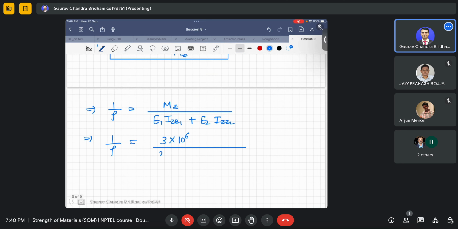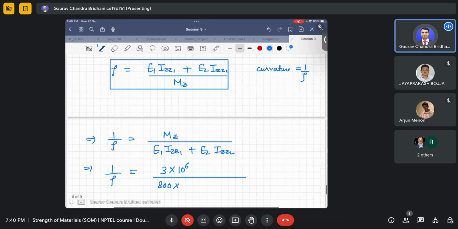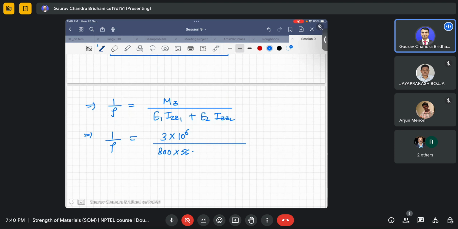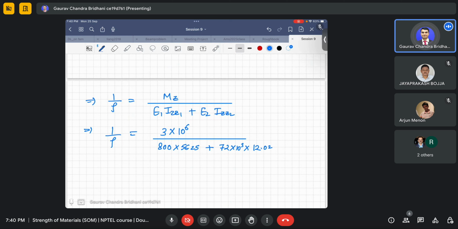E1 is 800 into ZZ1, 56.25 plus this was 72 into 10 power 3 into 12.02. This whole is multiplied with 10 power 6.